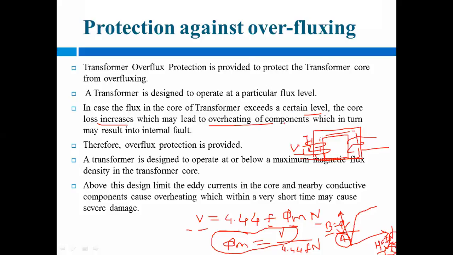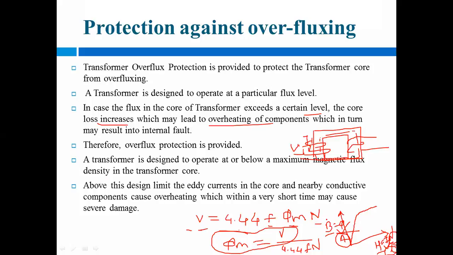Okay, so a transformer is designed to operate at or below the maximum magnetic flux density in the transformer core. ओके, म्हणजे असा ट्रान्सफॉर्मर डिझाईन करायचा की मॅक्सिमम फ्लक्स डेन्सिटी जेवढी आहे ना त्याच्या खाली तो ऑपरेट झाला पाहिजे.